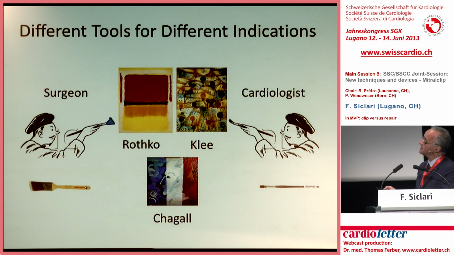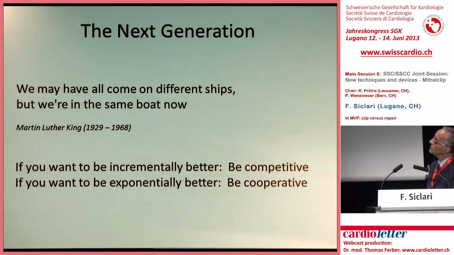I think that the different tools that we have, of course, have different indications, and not all patients are considered to be a Rothko, not always a Klee, and some of them can be a Chagall. So, for the next generation, we may have all come on different ships, but we're in the same boat now. This, I think, applies very well to cardiac surgeons and cardiologists at this time.